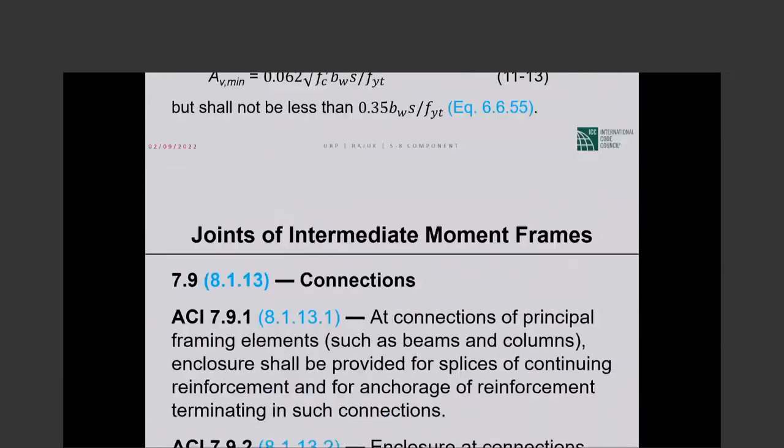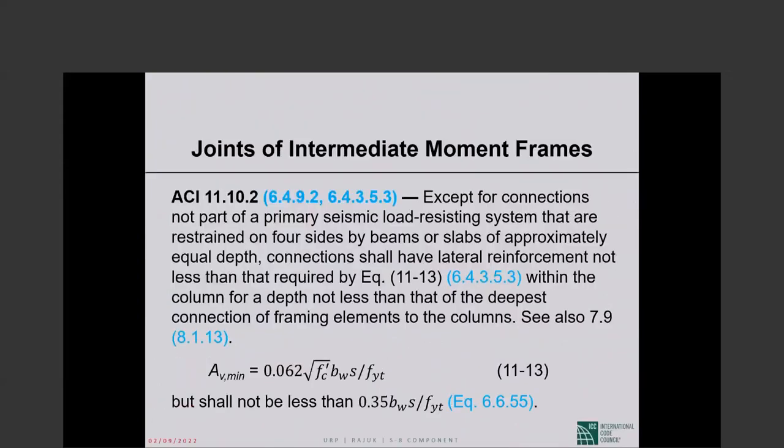Those are the only two requirements. You shall provide for the shear due to moment transfer, and you shall provide within the intermediate moment frame joint minimum shear reinforcement as required by the code.